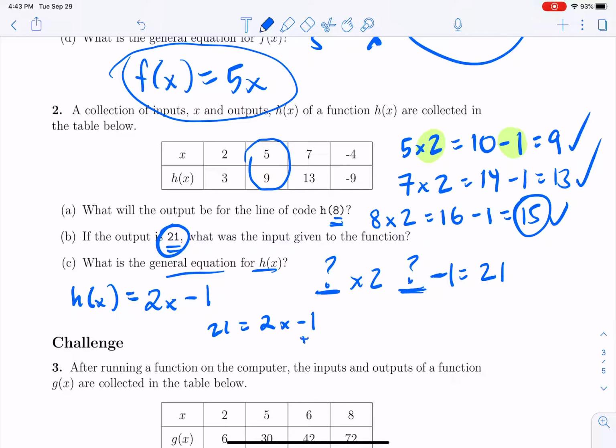Okay, if I add 1 to both sides, I'm going to get 22 is equal to 2x. That's really messy. Sorry, guys. 2x equals 22. Divide by 2. x equals 11.